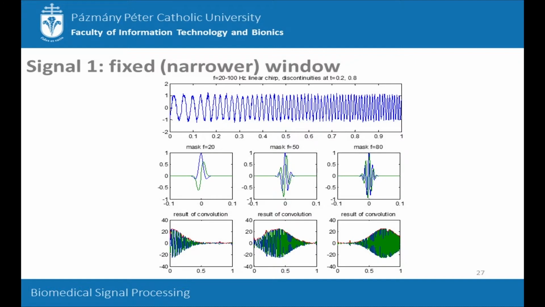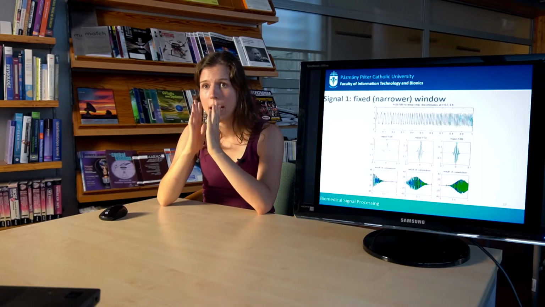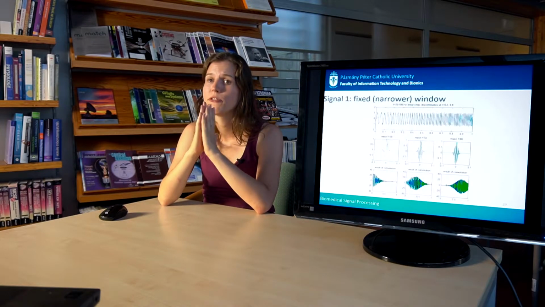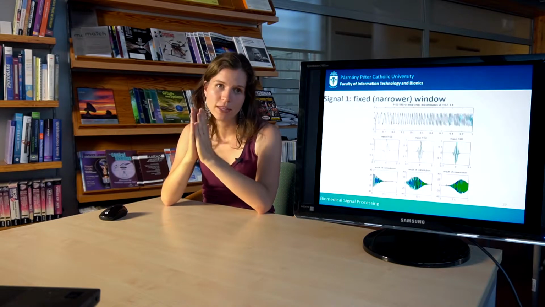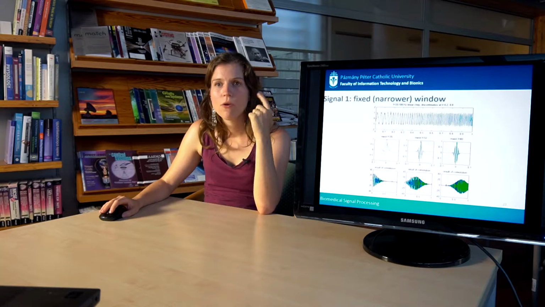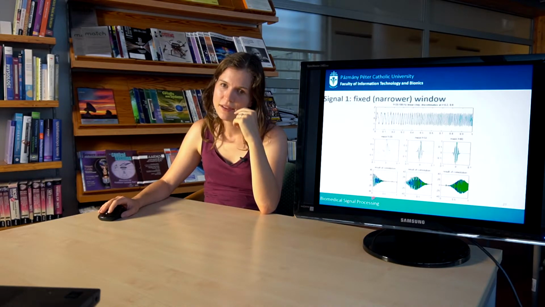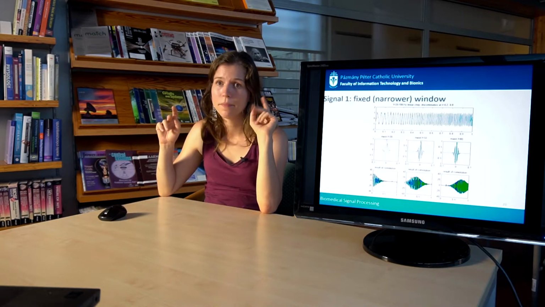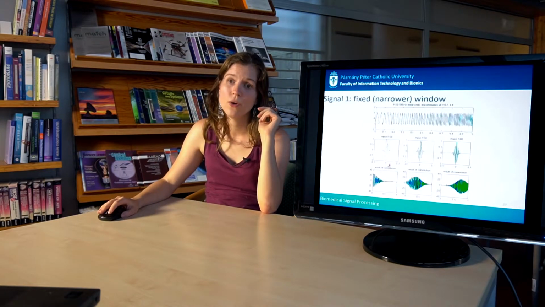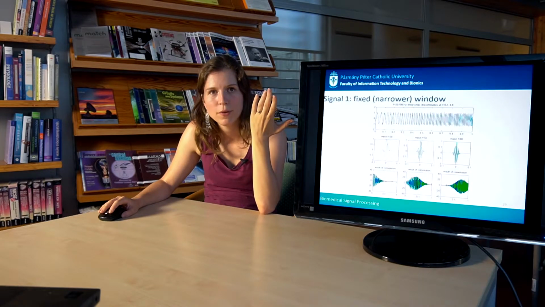So if we go on to the next possibility, we again have a fixed window, so it has a fixed length, but this length is narrower, so it's a shorter window which we are using for our basis functions. And already with the convolution, you will be able to see that we have a good time resolution because we know better where this oscillation is, but we have quite little information about this frequency.